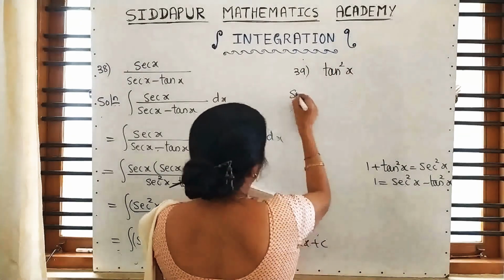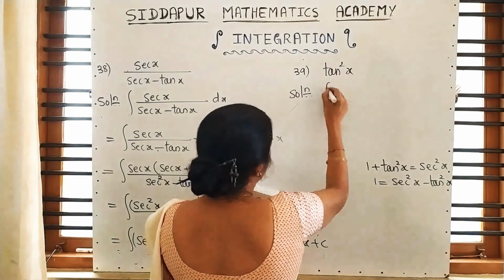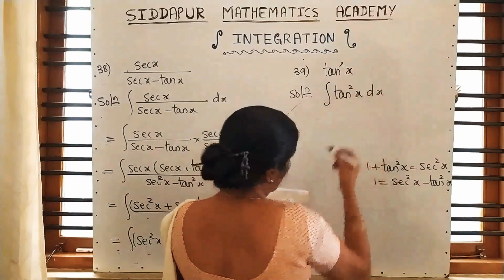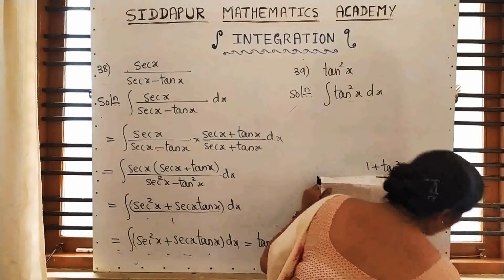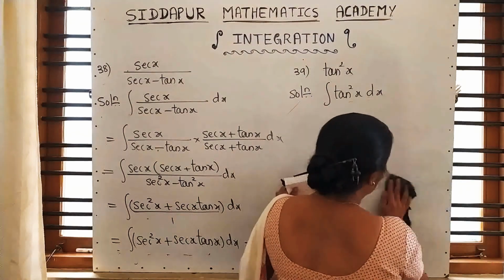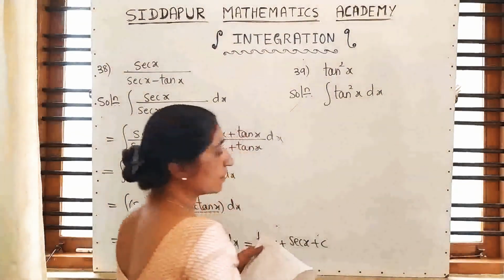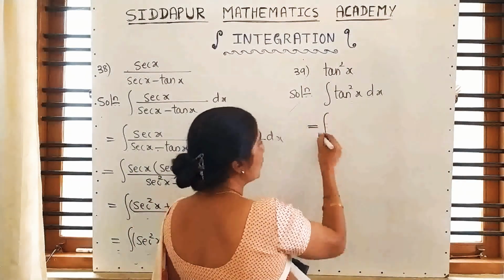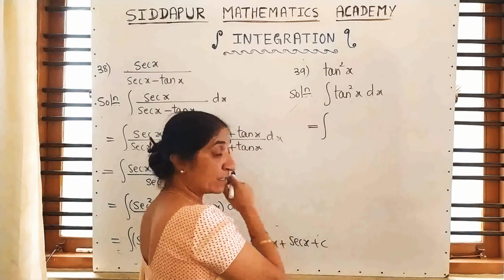Tan square x. In the solution, integration of tan square x. And students, open that formula list. Tell me, are you familiar with integration of tan square x? No, we don't have an integration formula of tan square x.